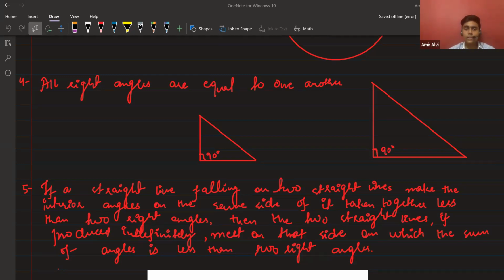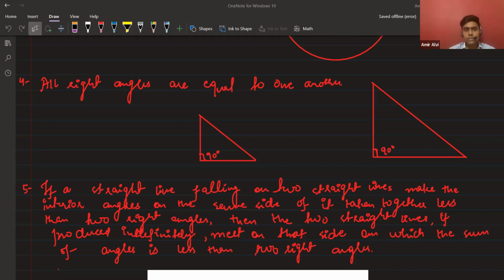The fifth chapter is Euclid's, sixth is lines and angles, seventh is triangles, eighth is quadrilaterals, ninth is circles.